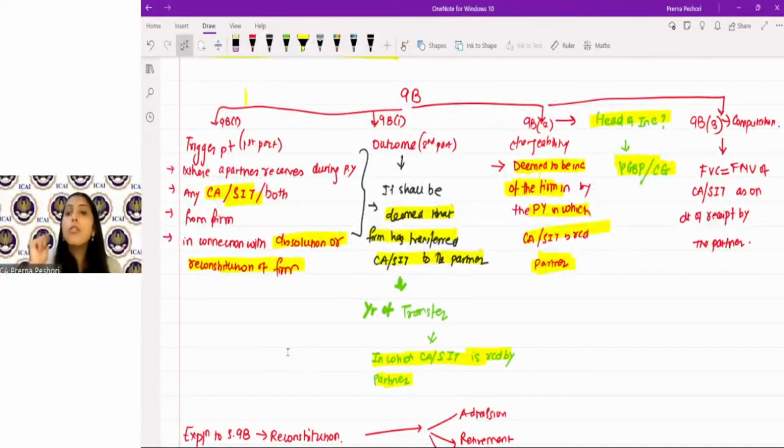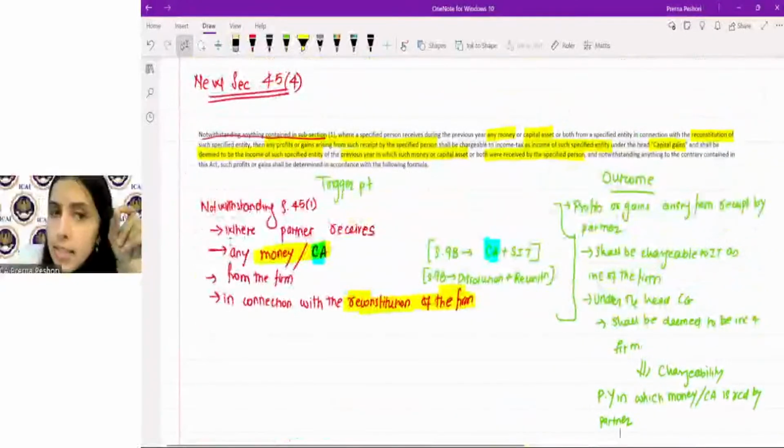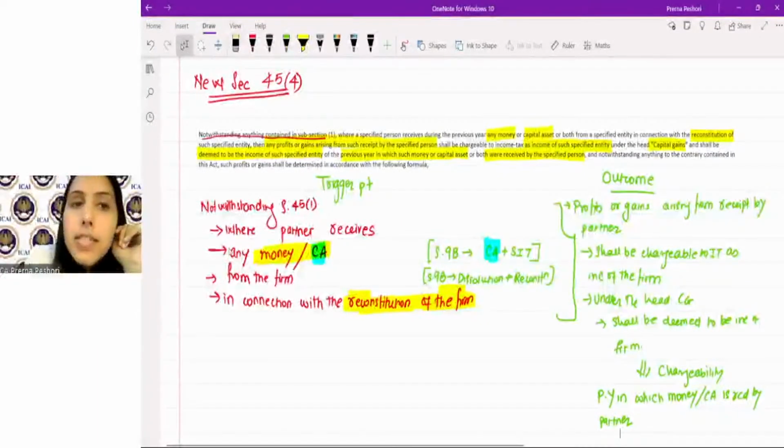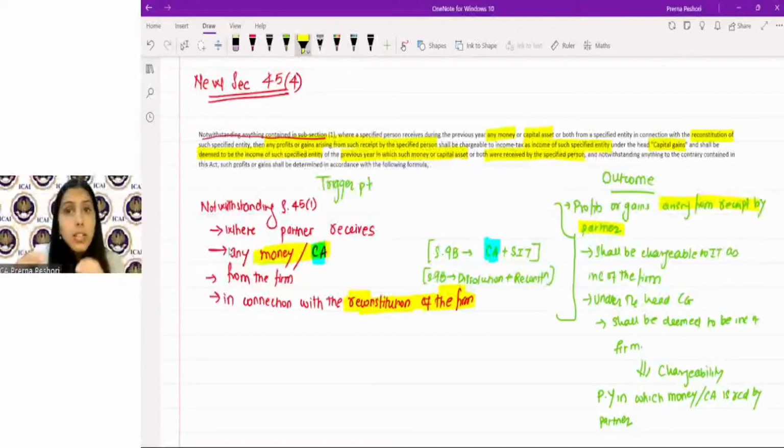What is the outcome of 45.4? Listen very carefully. Profits or gains arising from the receipt by the partner. Here, they are not saying that it is deemed to be the transfer of a capital asset or stock in trade by the firm. Is it written anywhere that this will be deemed to be the transfer by the firm to the partner?